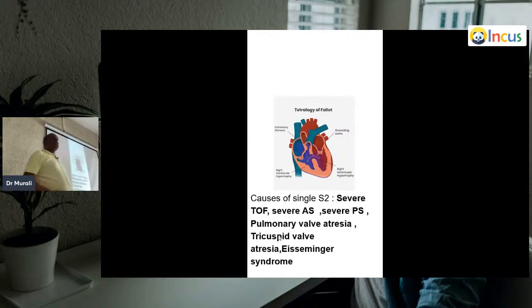The moment pulmonary hypertension develops, high pulmonary arterial pressure develops, that leads to high pressure in the right ventricle, because the right ventricle has to pump against the high pressure in the pulmonary artery. A high pressure in the right ventricle will cause the right-sided pressures also to increase and overcome the left-side pressure, and the shunt instead of left to right will become right to left, and that leads to cyanosis.